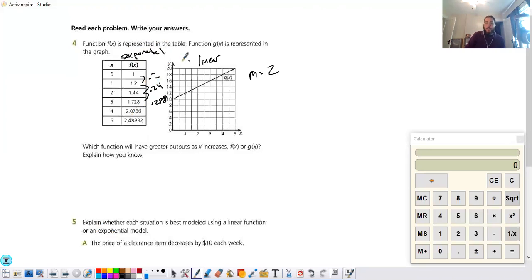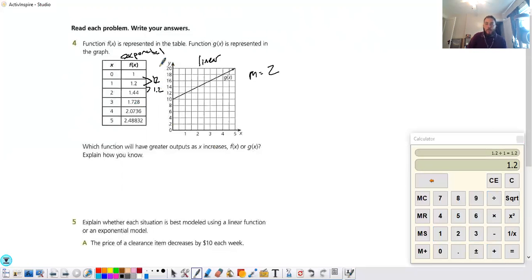It's an exponential function. And then if we were to find the rate that it is increasing, we can find the common ratio by taking one of our outputs and dividing by the previous one. So 1.2 divided by 1 is going to give us 1.2. So that means that each time we're increasing by multiplying by 1.2.